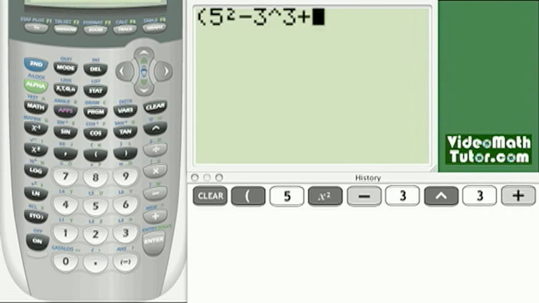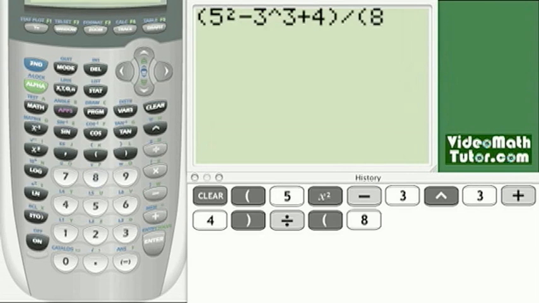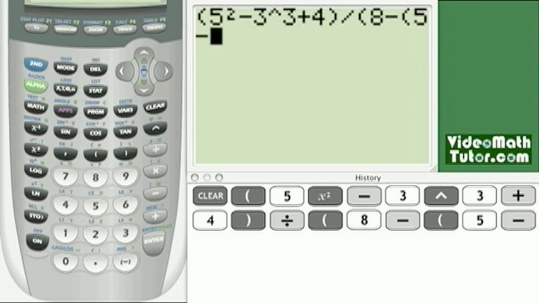Now let's divide that, so press the division key. Let's input the denominator. Open parentheses, 8 minus, open parentheses again, 5 minus 3, close parentheses, and square it, close parentheses, and enter. The answer is 0.5.